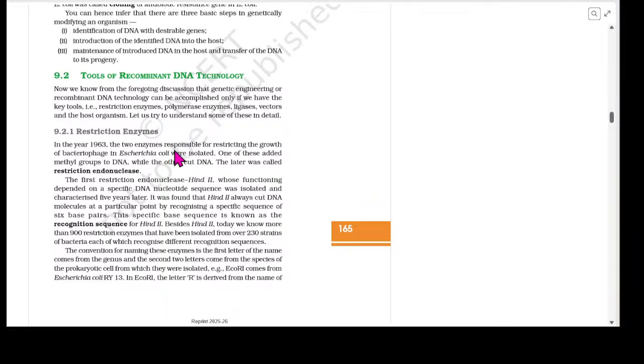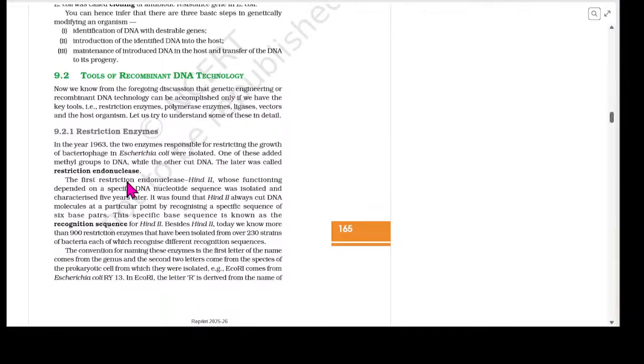Restriction enzymes. In the year 1963, the two enzymes responsible for restricting the growth of bacteriophage in Escherichia coli were isolated. One of these added methyl groups to DNA while the other cut DNA. The latter was called restriction endonuclease.